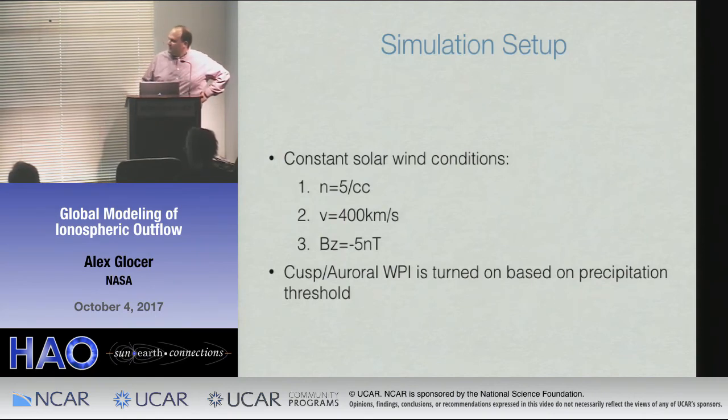So in this case, I decided to take advantage of that, and I used the precipitation coming from BATS-R-US to turn on the wave-particle interaction. So everywhere I have precipitation exceeding some threshold, I turn on the empirical specification of the wave-particle interactions, and when I'm outside of that threshold, I turn it off.